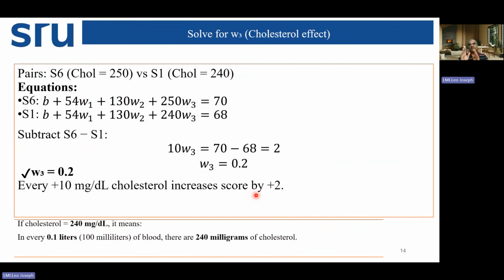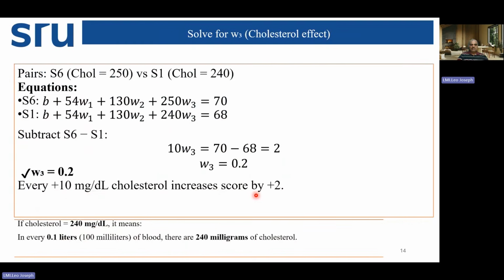What is the actual value for cholesterol? +2. For blood pressure? +7. For age? +3. Based on the base value, 1 year excess means +3 will be added. A deviation of 10 in blood pressure means +7 will be added. A deviation of 10 in cholesterol level means another +2 will be added. Based on that only, the predictions will be calculated.